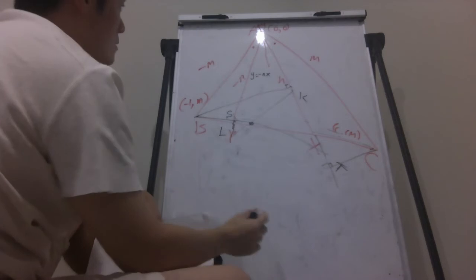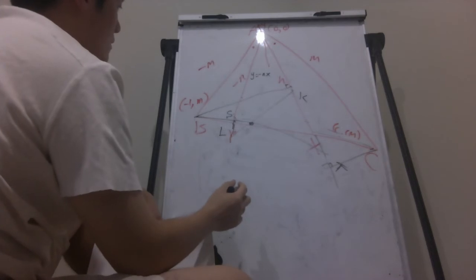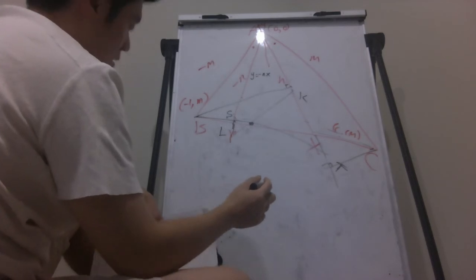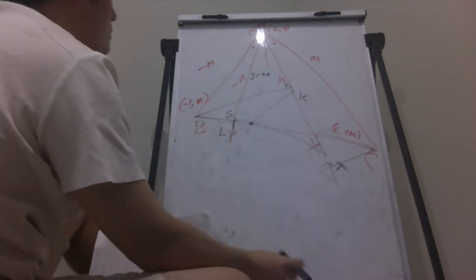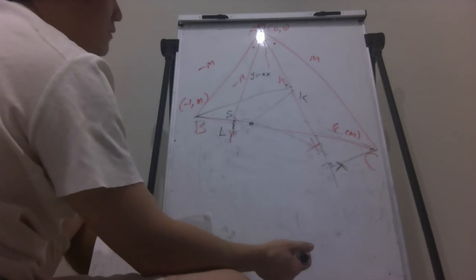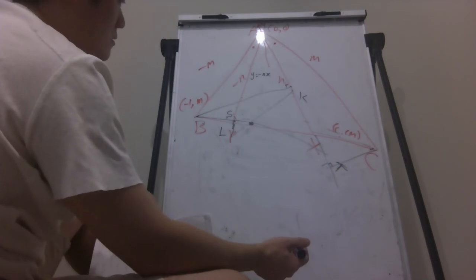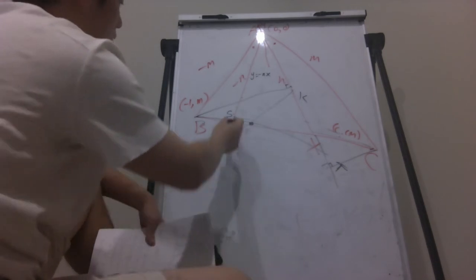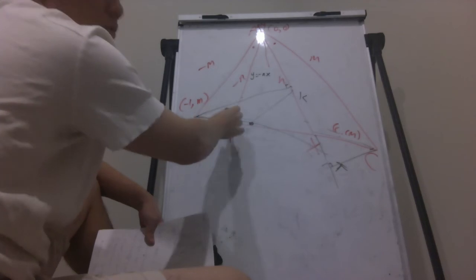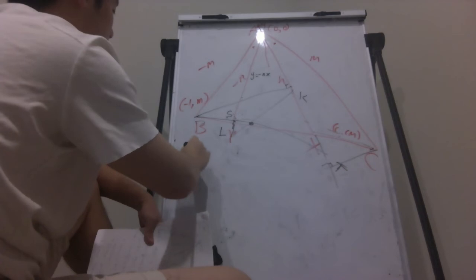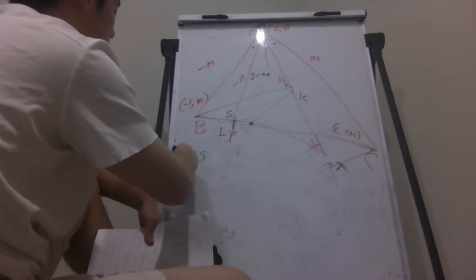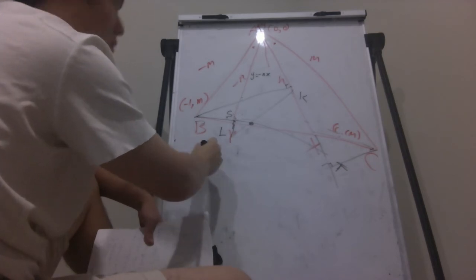So for example, which point do you want to find first? You want to find S? It doesn't matter. If you want to find S, the slope of the line BS, the equation of the line BS, right?